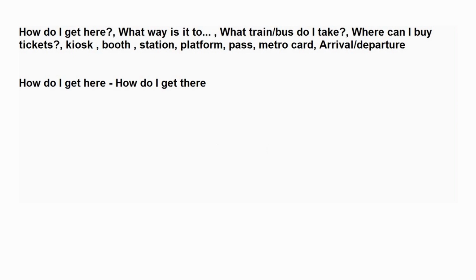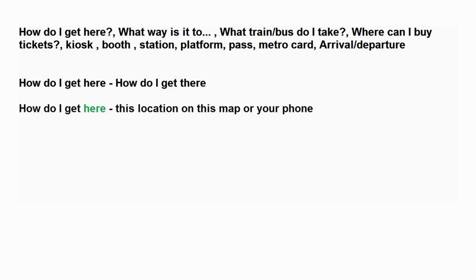Okay. So the difference is when you say how do I get here? Here meaning this location on this map, or, I don't know, like on your phone, for example.